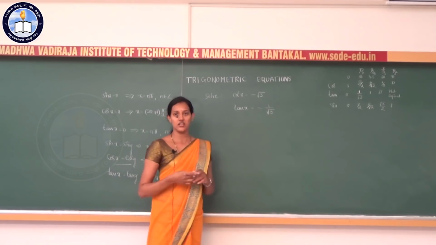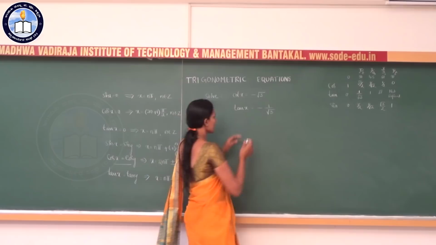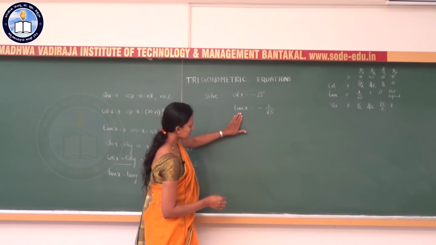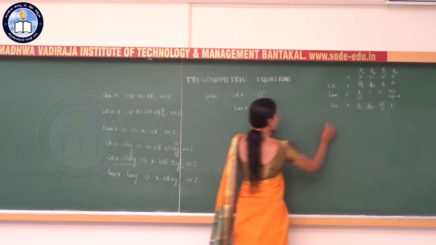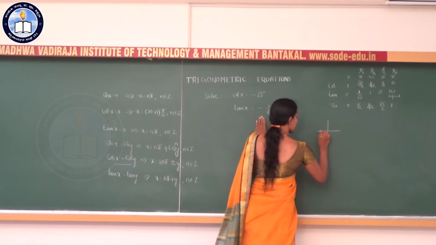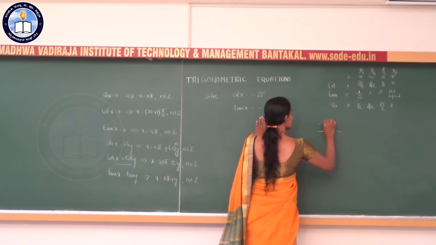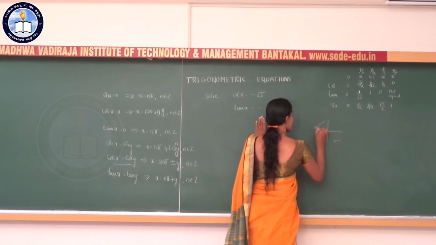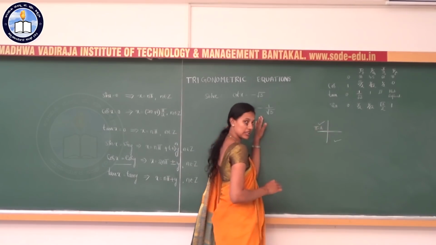Now we have to find a principal solution. So we see the value of tan. The tan function is negative in the second and in the fourth quadrant. In the second quadrant we calculate the angle as pi minus a.